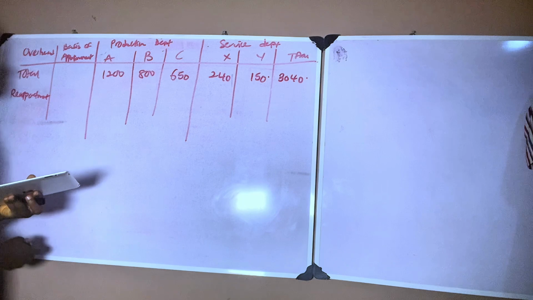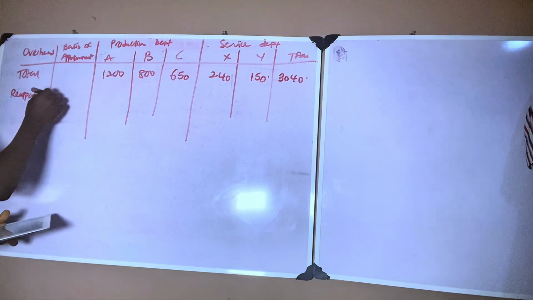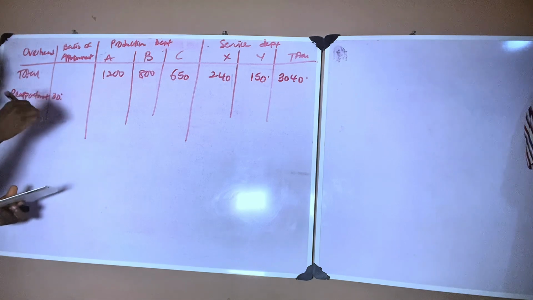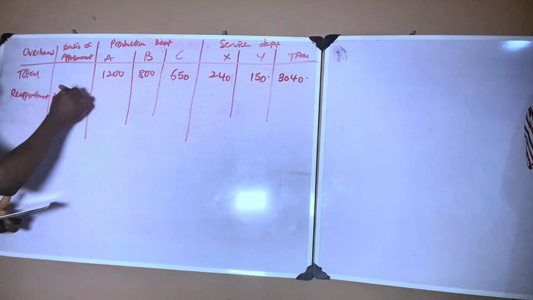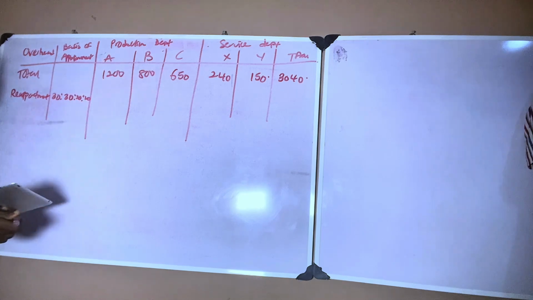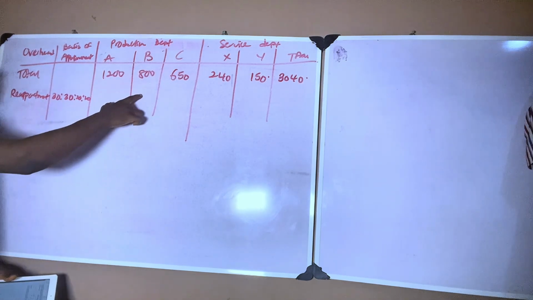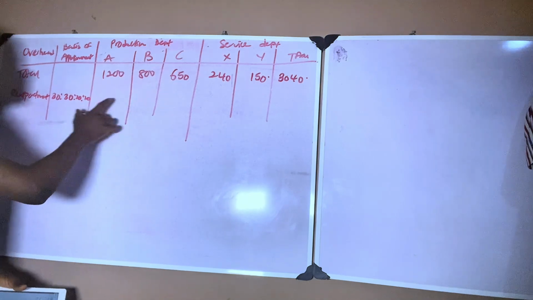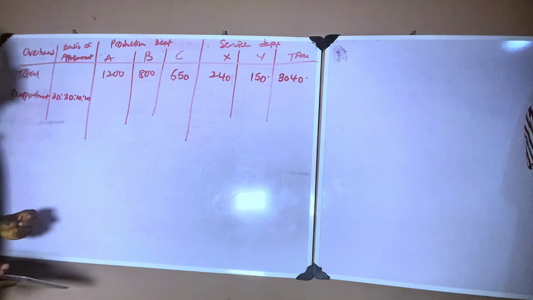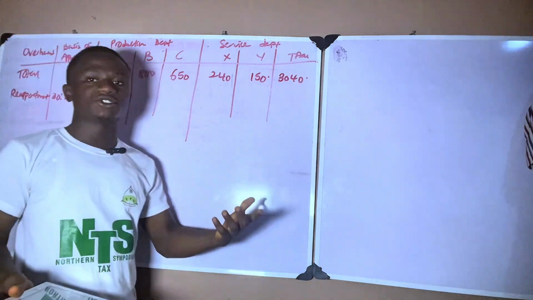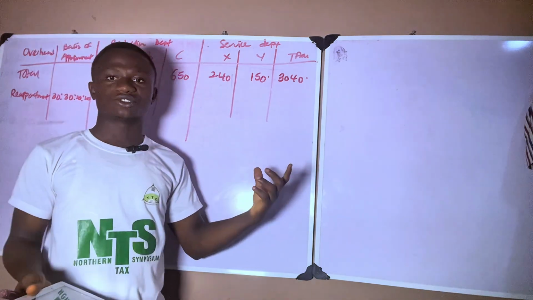So for service department X, it will be 30 ratio, 30 ratio, 20 ratio, 20 ratio. We know that 30 is for department A, 30 is for department B, 20 is for department C, 20 is for department Y, because we are apportioning department X. Reapportionment will not affect the total, because it's just like robbing Peter to feed Paul.